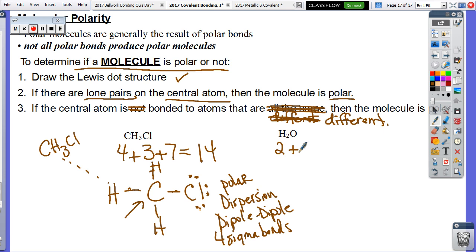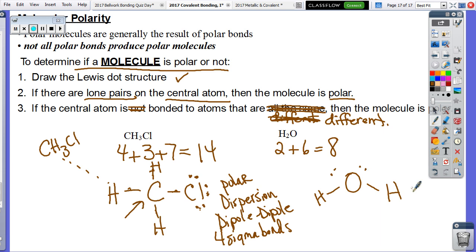Hydrogen has 2 and oxygen has 6, so 8 total electrons in water. Oxygen goes in the middle. Remember, when there's 2 lone pairs and 2 bonds, those lone pairs gang up on one side of the molecule because they get more space that way. Now, I need to decide if it's polar or not. It does have lone pairs on the central atom, so water's polar.